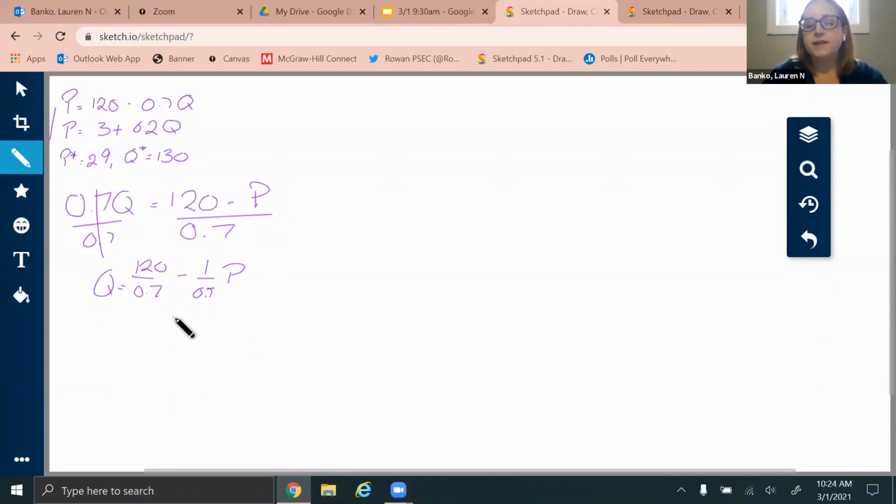So you can divide this out and you get 1.4 and there's decimals after. I'm keeping it in this form just so we don't have to round, and that might give us a little bit more accurate number. If you round though, that's fine, and I'll be able to see that. Then we do the same thing for the second one, for supply. So we have 0.2Q on one side equals P minus 3, and divide everything by 0.2.